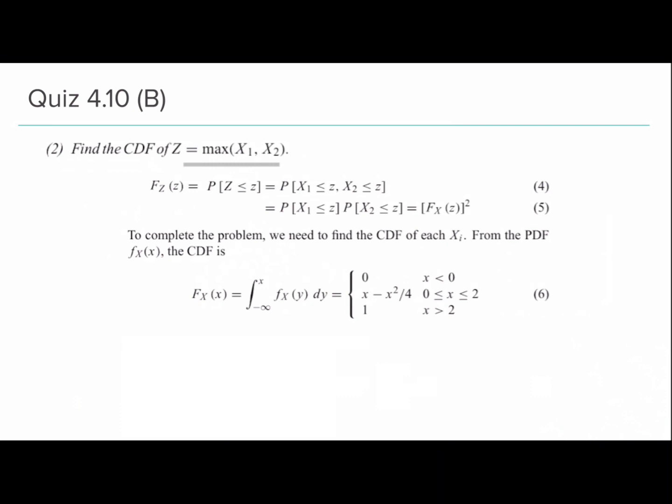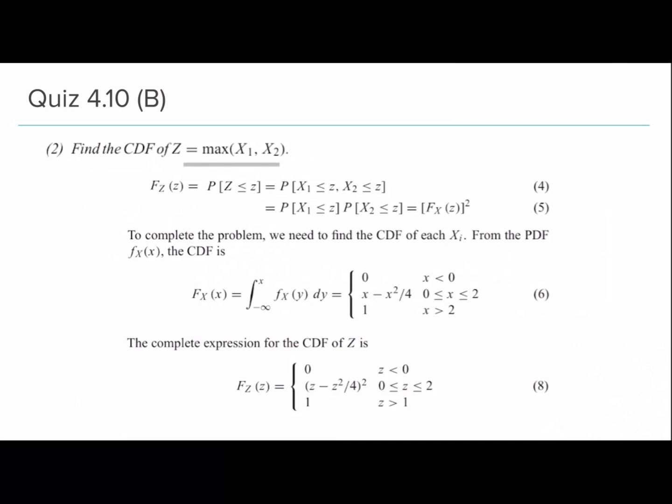For x belonging to 0 to 2, the limits change from 0 to x, and the term becomes the integral of 1 minus y by 2 dy, limits 0 to x. What we'll get over there is x minus x squared by 4, and for x greater than 2, this becomes 1. So now we have obtained the CDF of x, and we know that the CDF of z is the square of the CDF of x.